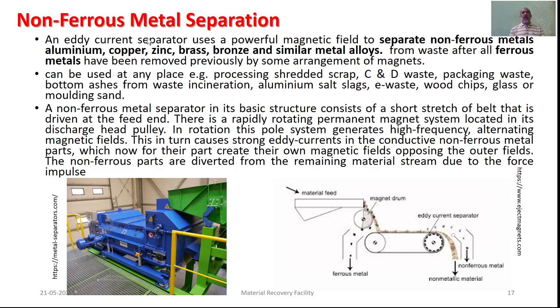Also, there could be certain non-ferrous metals like aluminum, copper, zinc, brass, bronze and similar metal alloys. These metals are costlier and have certain market value. Hence, we can make use of the eddy current principle to have the materials removed.